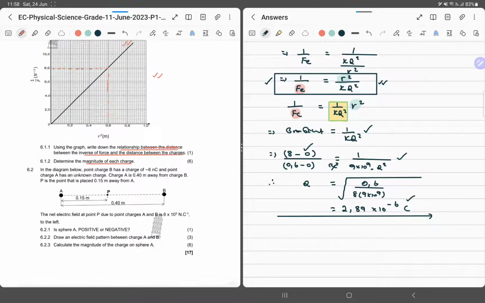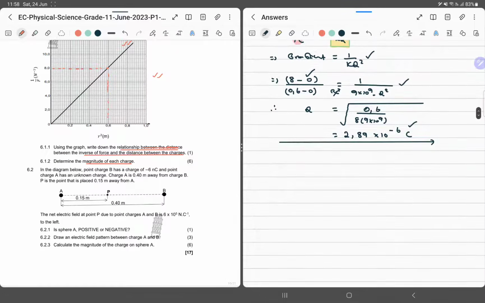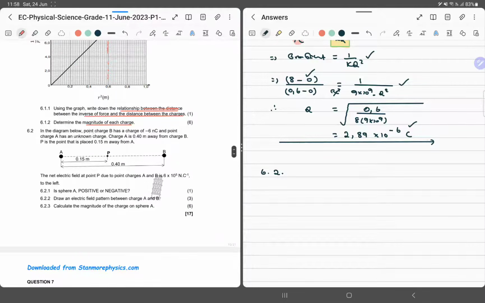Okay, not a problem. So let's do 6.2. So 6.2 says, in the diagram below, point charge B has a charge of minus 6 nanocoulomb, and point charge A has an unknown charge. Okay, so we need to find out.